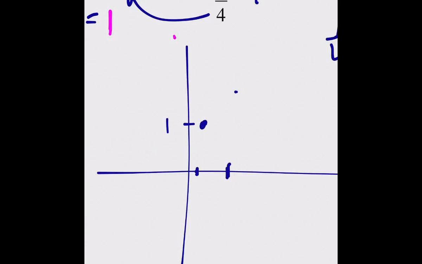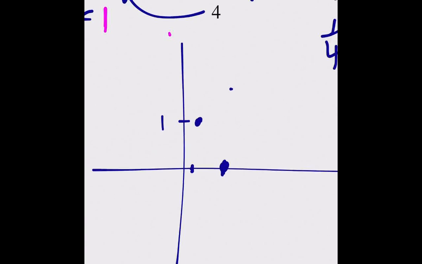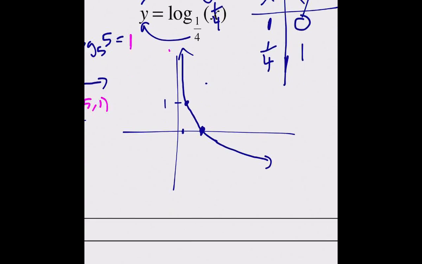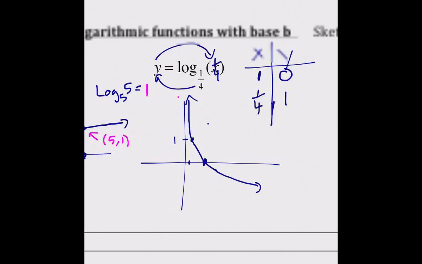Now that's weird. I'm hitting these 2 points, and you kind of know the shape. Do you remember a log with a fractional base has this weird look to it? It was like an upside down regular log.